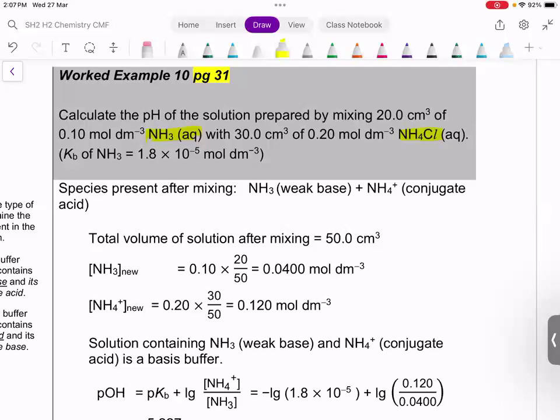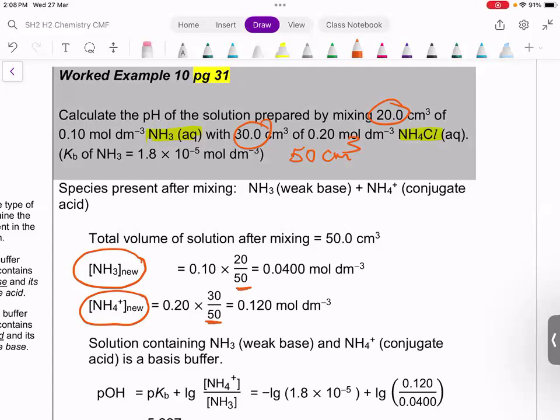Okay, but then mixing gives a new total volume of 50 cm3. So when you calculate the ammonia concentration and the salt concentration, you have to consider dilution. So that's the consequence of mixing. So when you mix two solutions together, you have to consider dilution.